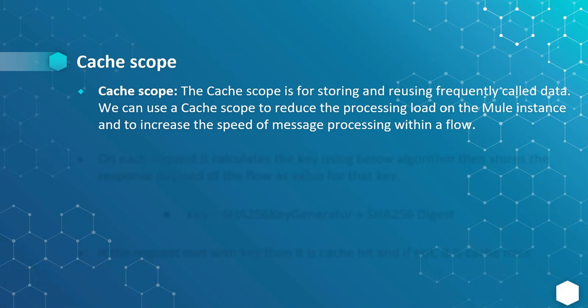Coming to the cache scope, it is for storing and reusing frequently called data. We can use a cache scope to reduce the processing load on the Mule instance, and we can increase the response time. Let me explain.